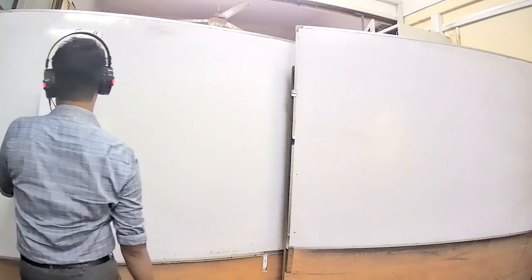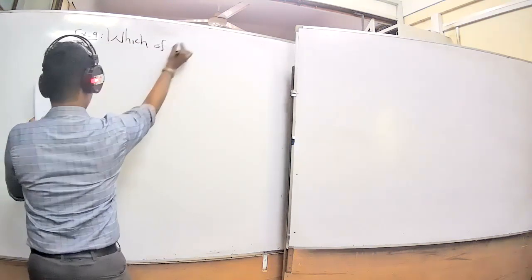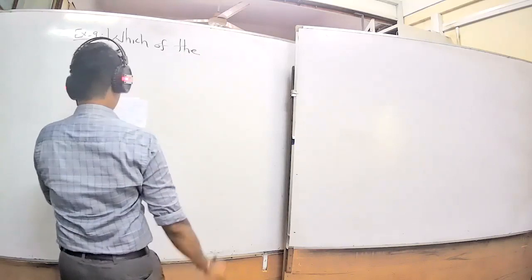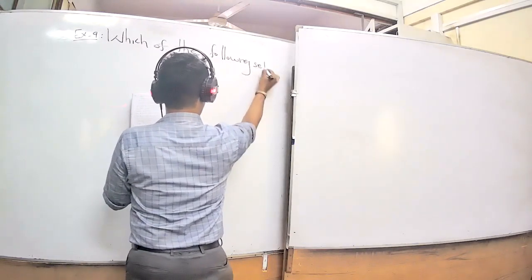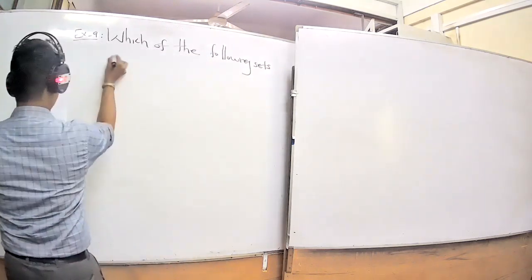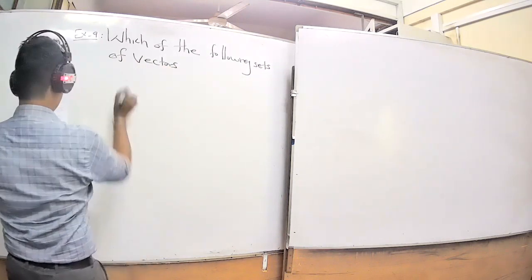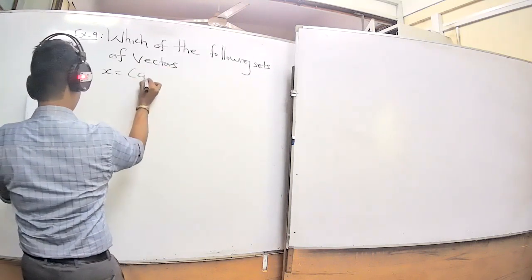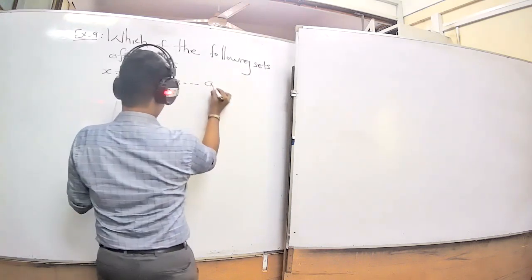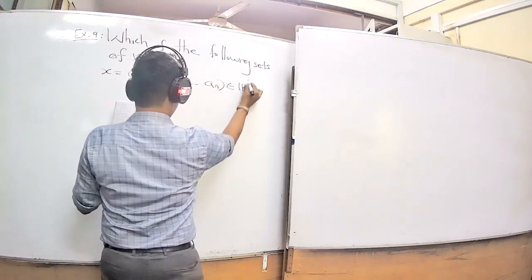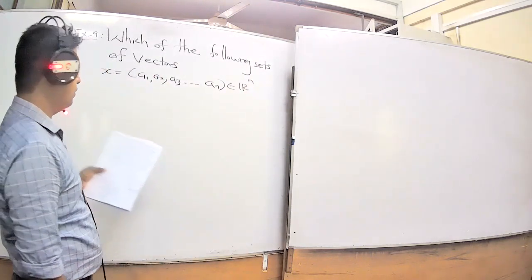Which of the following sets of vectors, where a1, a2, a3 and so on up to an belong to Rn, are subspaces of Rn?